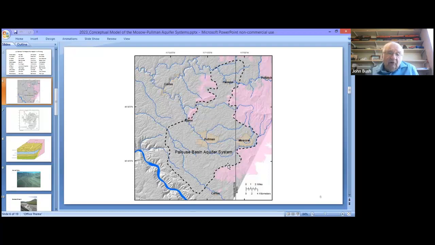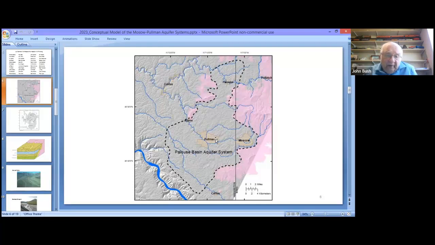We can use this same diagram to illustrate recharge. Our studies have shown that there's a significant amount of recharge coming off of the Moscow Mountain area, primarily because of its steep contacts, high elevation, high snow melt, and high rainfall, and it's the primary area that we've identified as a recharge area.